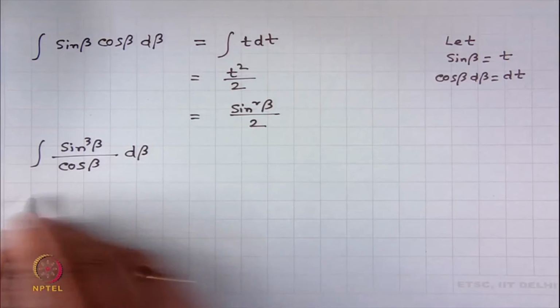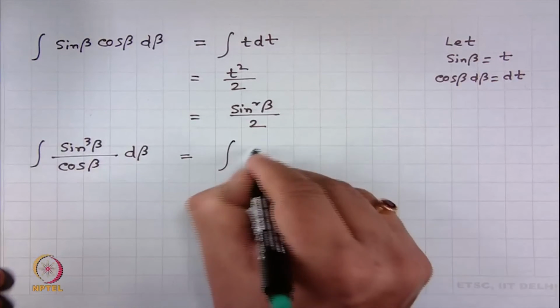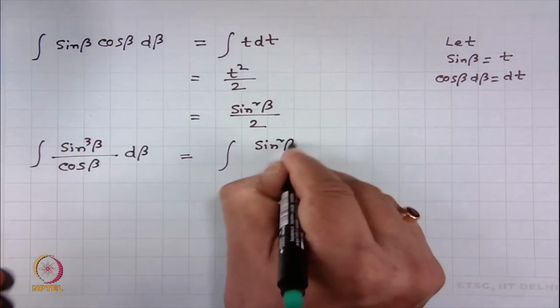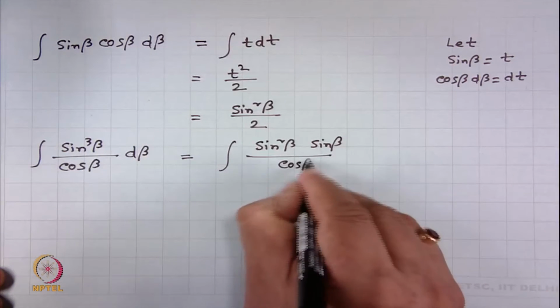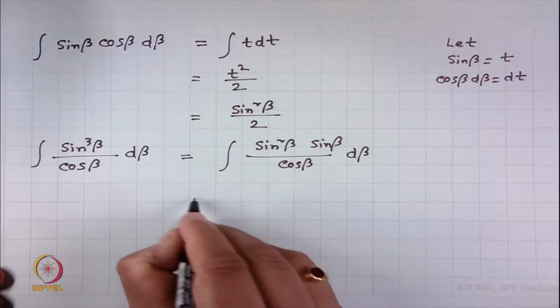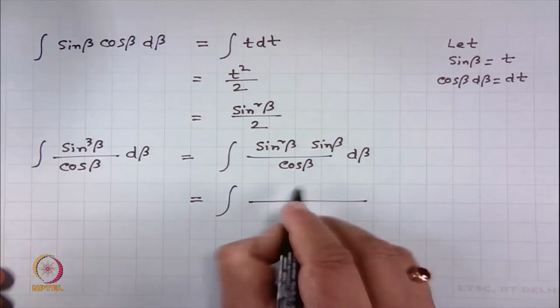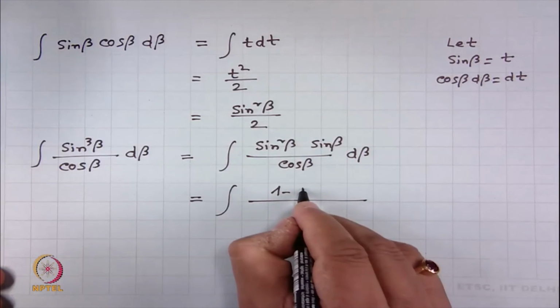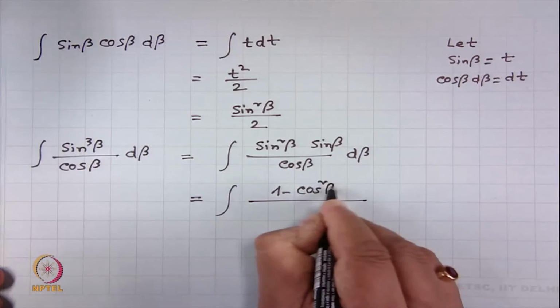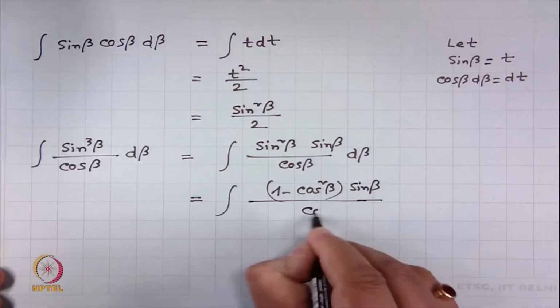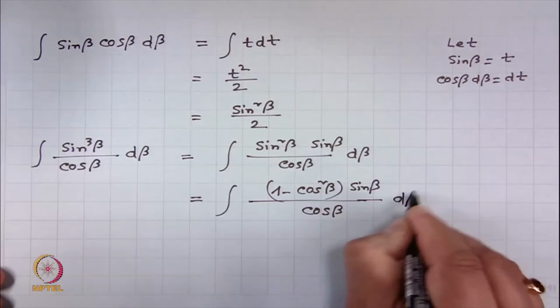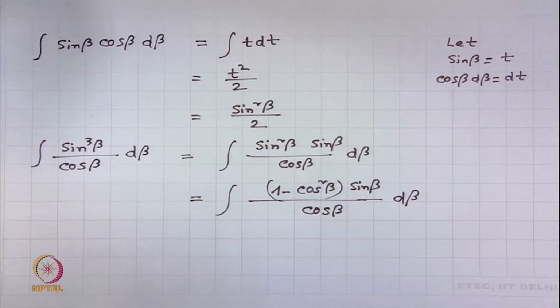This we can write as sin square beta into sin beta by cos beta into d beta. Let us assume cos beta is equal to u.